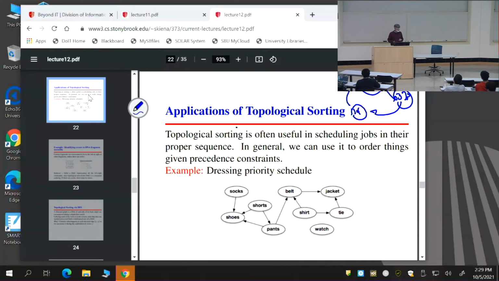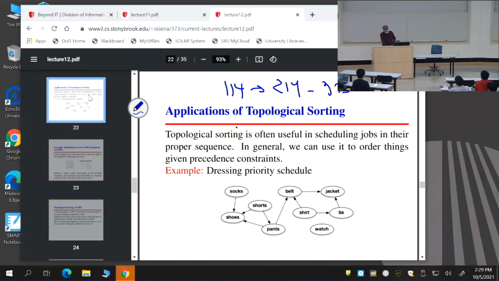Does everybody agree with that? Because of that, there's a sequence of courses you can take. You can take 114, and then take 214, and then take 373, right? That linear order of courses that you could take without getting a constraint is called the topological sort.